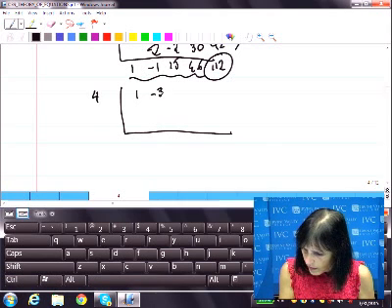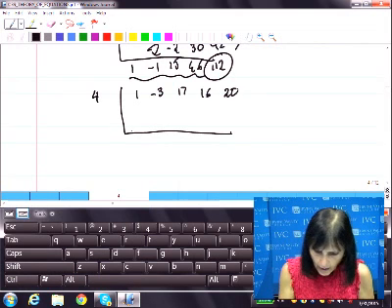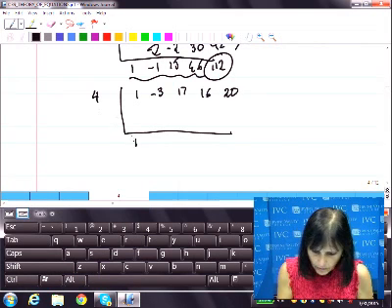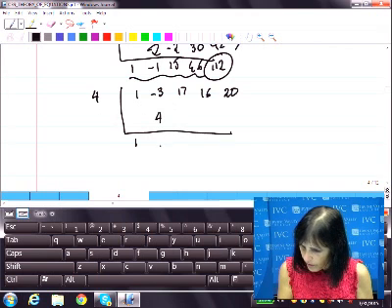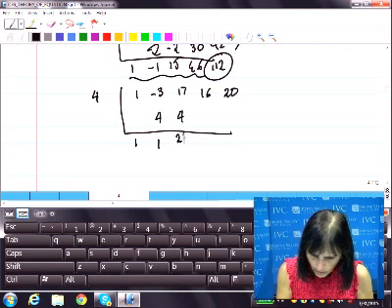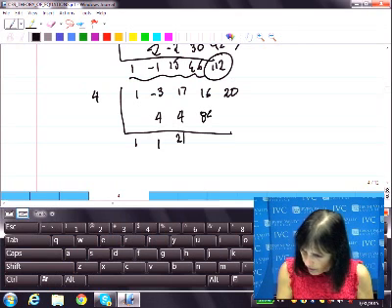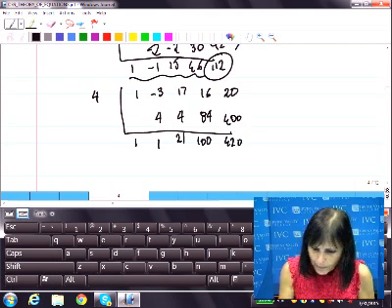Negative 3, 17, 16, 20, here's my polynomial. And I'm going to divide through by 4. Negative 3 plus 4, that's 1, 1 times 4 plus 17, so that's 21. That is going to give me 84. And you add 16 and 100, and 400, 420.